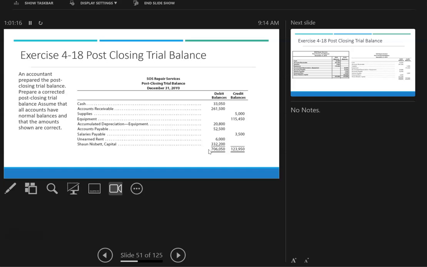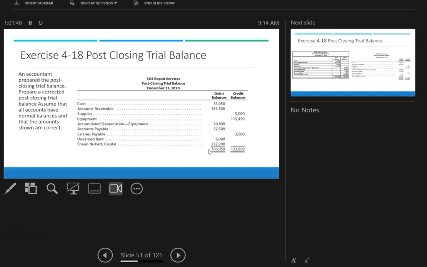So guys, the key here is that you need to know assets have normal debit balances because they're on the left side of the equation. Liabilities and owner's equity have normal credit balances. So we know all assets should have a debit balance. The contra account accumulated depreciation is going to have a credit balance.